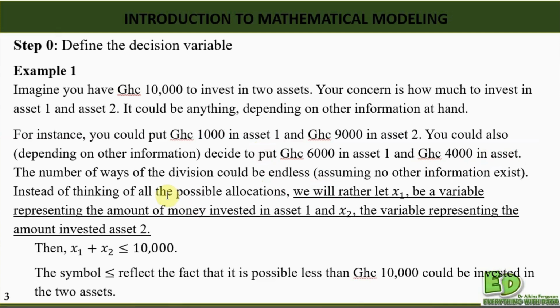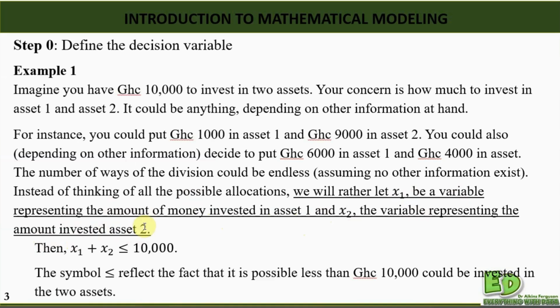So instead of thinking of all possible allocations, we will rather let x1, a decision variable, be a variable representing the amount of money to be invested in asset one, and x2 represent the amount of money to be invested in asset two.